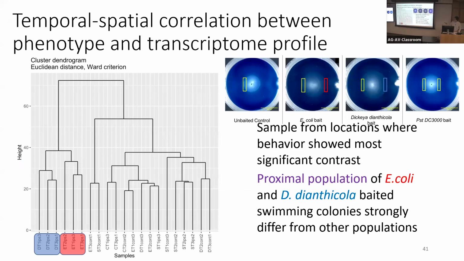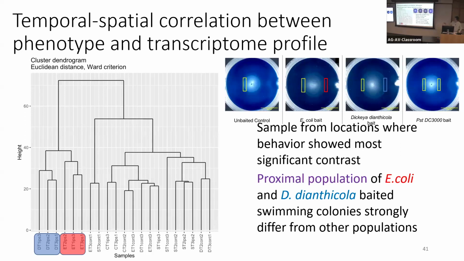Here I'm showing you exactly where we sampled on each plate. We used the most distal edge or the most proximal edge of the DC3000 colony, and we ran RNA-seq with those.